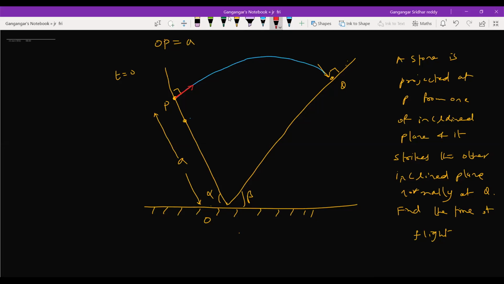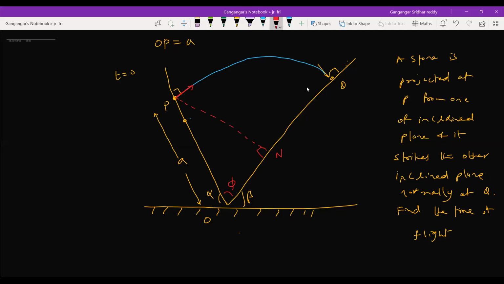So you can proceed like this. Let this be the points P and Q. Let me take this as N. Let me draw one line PN, which will be normal to the other incline.